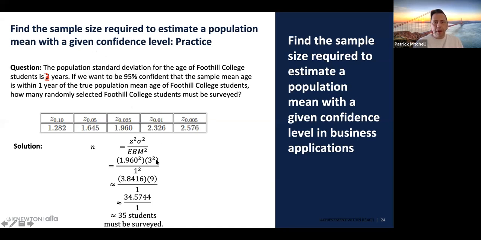So population standard deviation is 3. The desired error bound is 1. So if you crunch all those numbers, 3.84 times 9 divided by 1 comes out to 34.57. So that's saying you need at least 34.57 students. That really means you need at least 35.